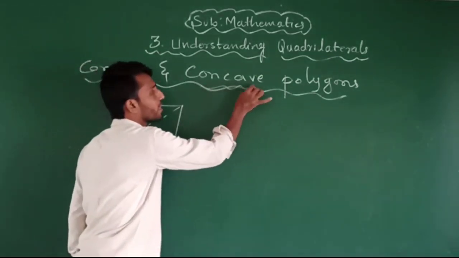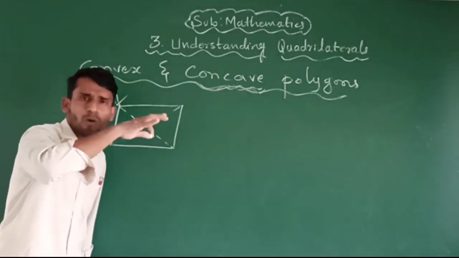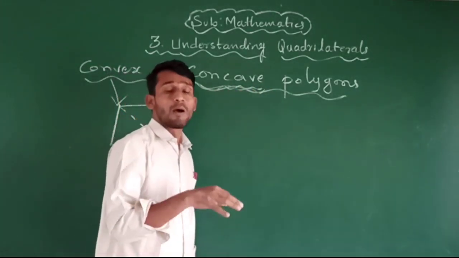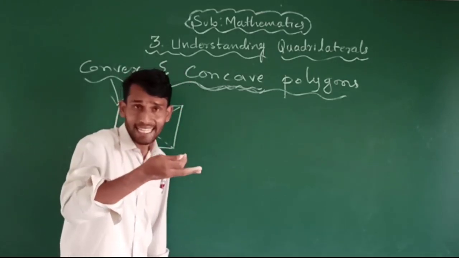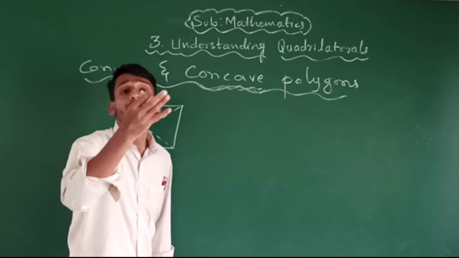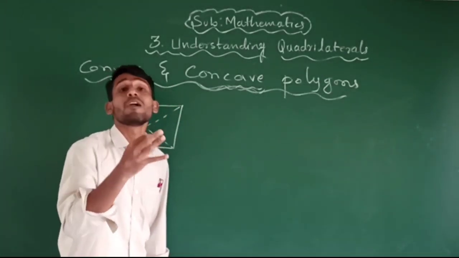Next, concave polygons. Okay, next one, concave polygons. See, which polygons have any diagonals outside of the figure, those polygons we will call concave polygons.